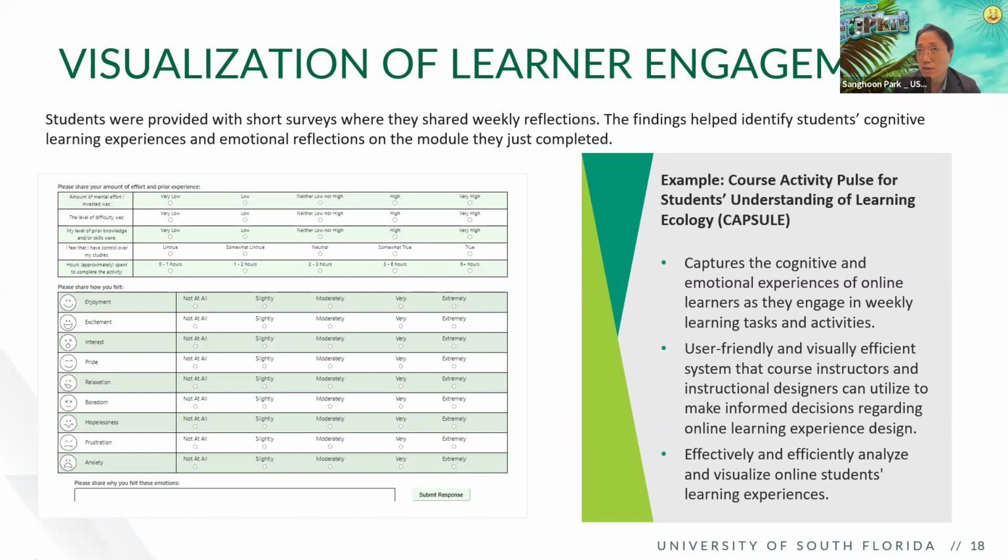Also, we oftentimes wait until the end of the semester to get the result from the end-of-semester course evaluation. The problem I see with that is that students often rely on their recollection of previous memories. It does not show exactly which modules were problematic or what they want us to improve.